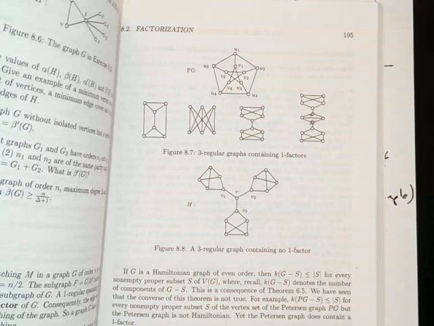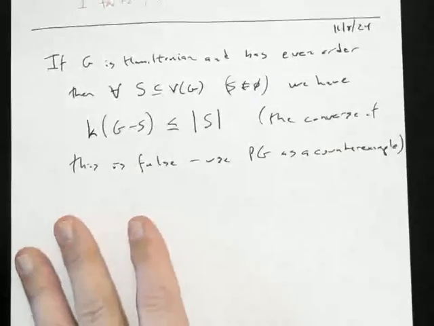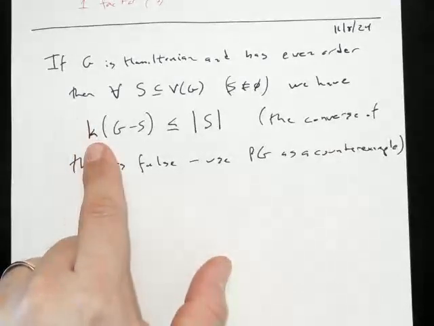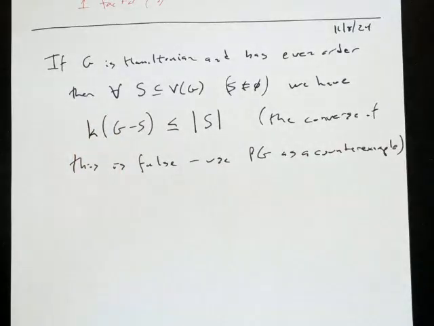So I want to actually take this idea and split it into two pieces. When I talk about the resulting components after removing some vertices, I want to decide if those components are odd or even.